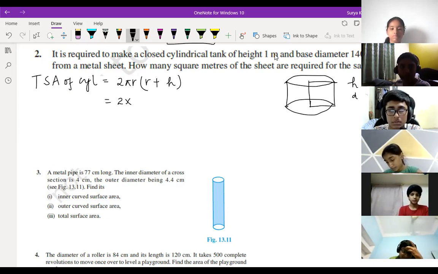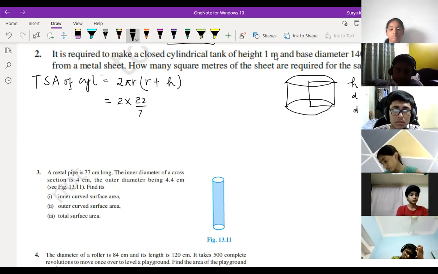So convert either to meters or centimeters, your wish. 140 centimeters is 1.4 meters. If you want to convert meters to centimeters, you can do that also; the answer will come the same, no problem at all.